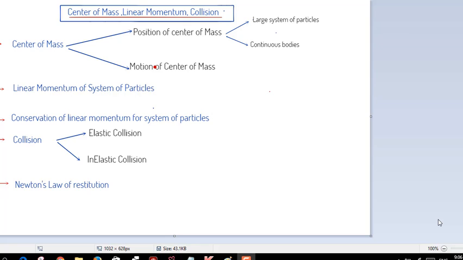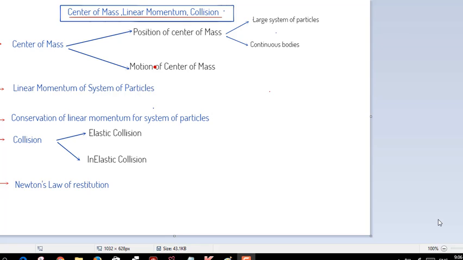We also saw how we can calculate the center of mass of continuous bodies, which is in a way different from calculating the center of mass of a system of particles, because for continuous bodies we use integration. Then we found the center of mass for a few symmetrical bodies, and today we will look into motion of center of mass.